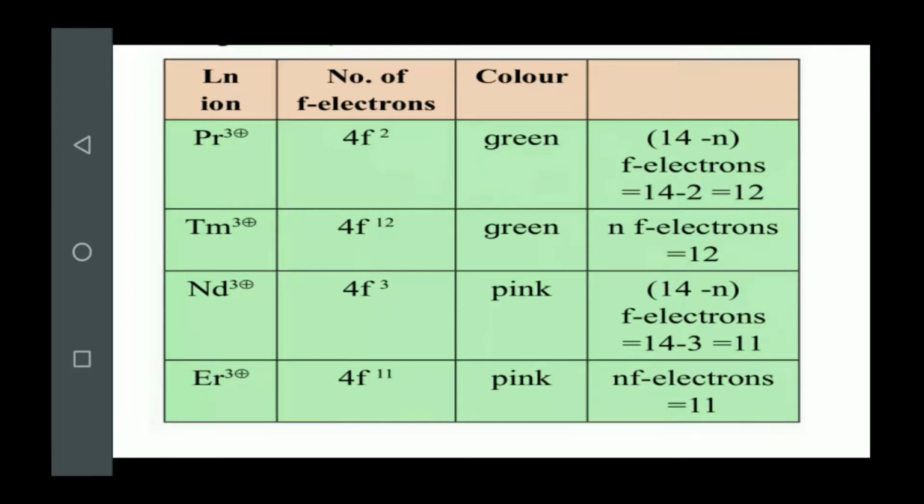Now let's look at it in the 14 minus n way. When you do 14 minus n for neodymium, you will get 11 electrons in the f orbital. And when you do 14 minus n for erbium plus 3, you will get 3 electrons. So if nf electrons is equivalent to 14 minus n, then you will have the same colored compound for different lanthanoid ions. Understood?